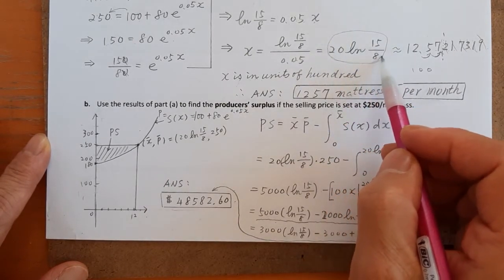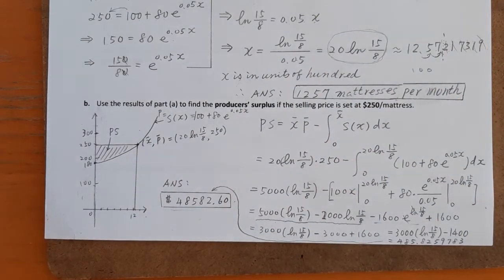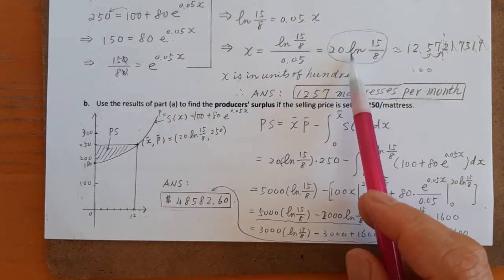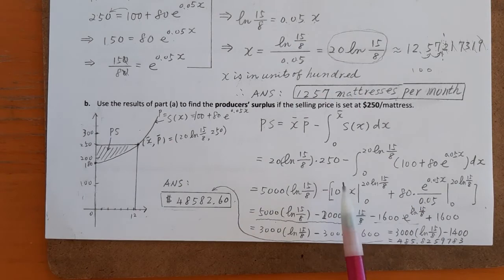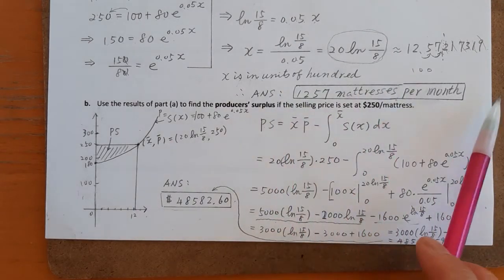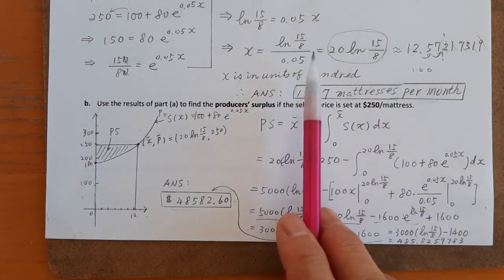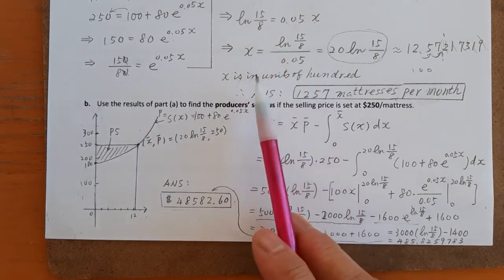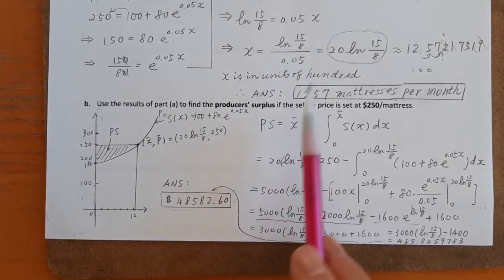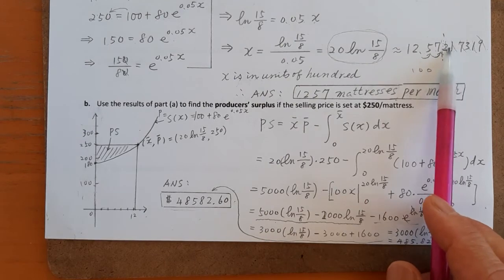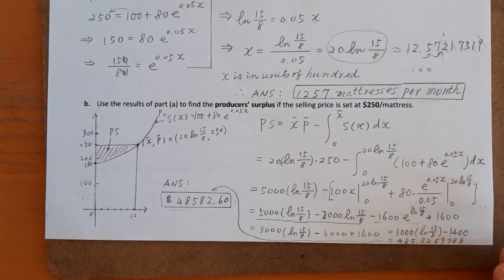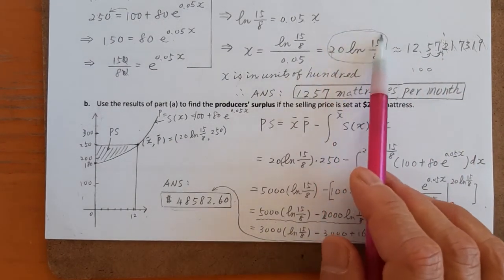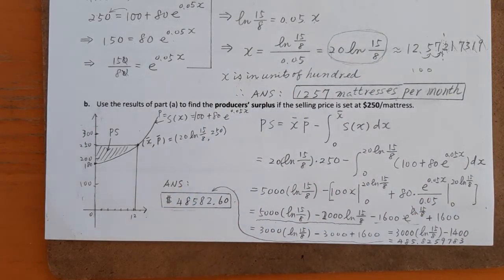It's better than using the rounded number. In the procedure we use the exact value, and we only round at the end, for the final answer. Don't use this rounded number because it's not that accurate. Use the exact value to do the second part, part B.